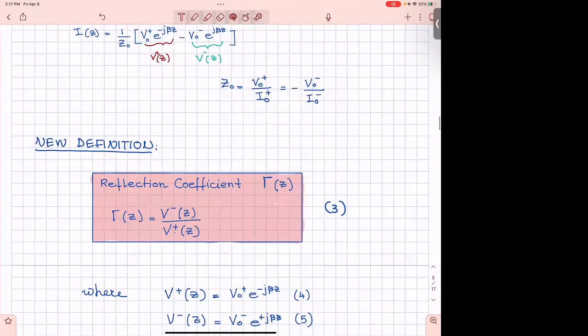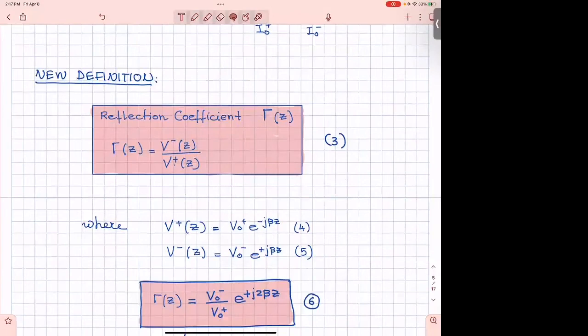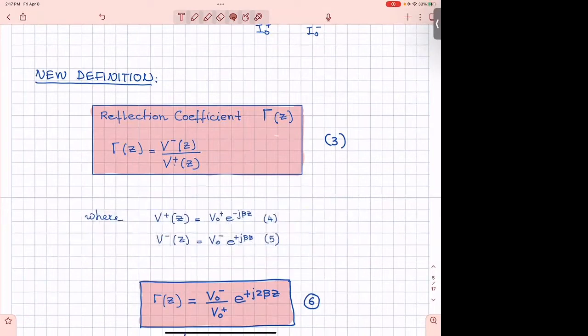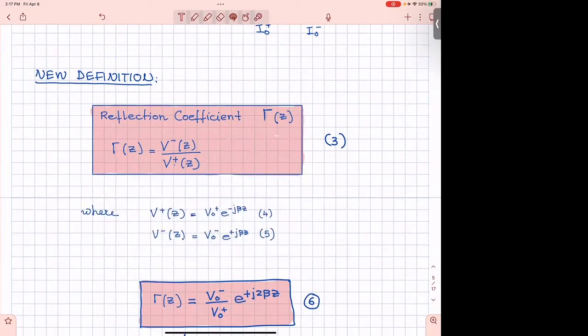And in this one, obviously, this is the reflection coefficient. In this reflection coefficient, we use this definition. We have used the total, the incident wave, which in fact you can write in this form. All right, we have seen that. And the reflected wave, you can write in the other form. You see, I wrote these equations 4 and 5.